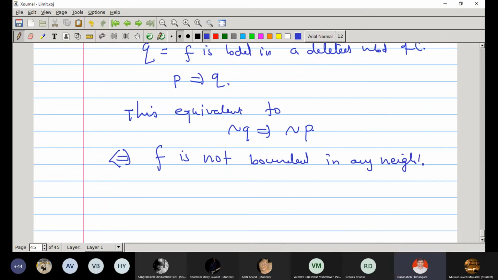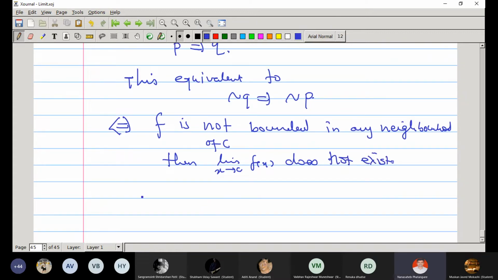Am I right? Yes, sir. Then limit x tends to c of f(x) does not exist. Right, so this is another criterion for non-existence of limit.